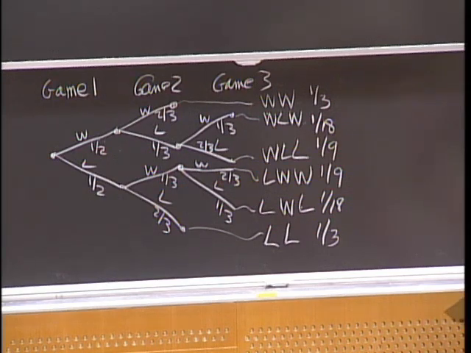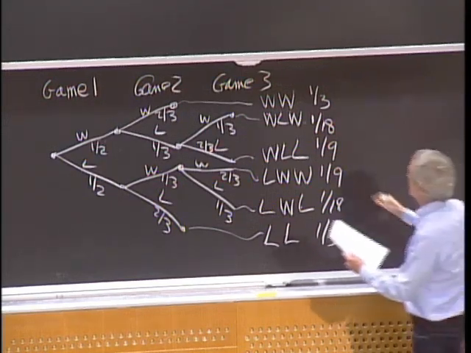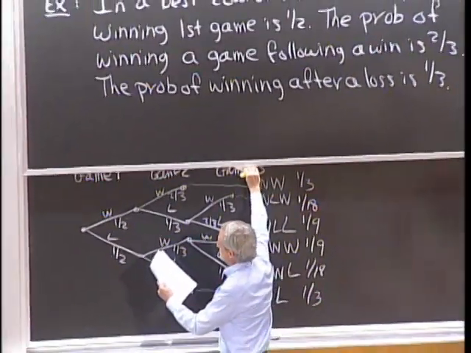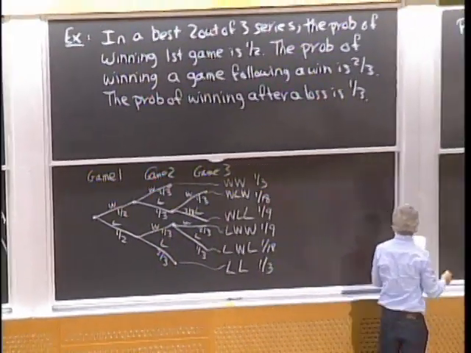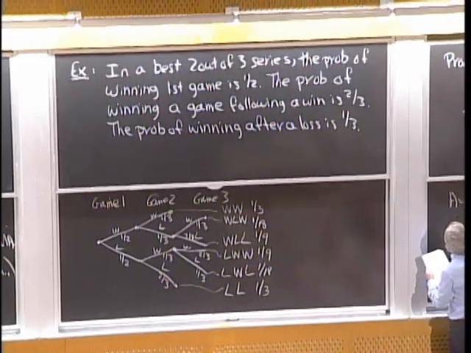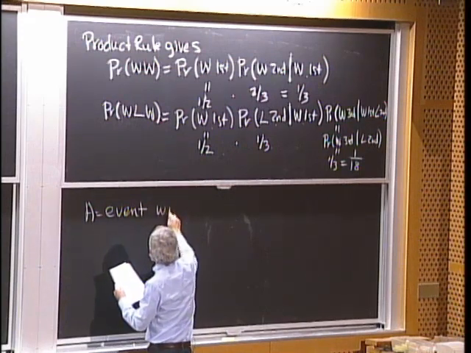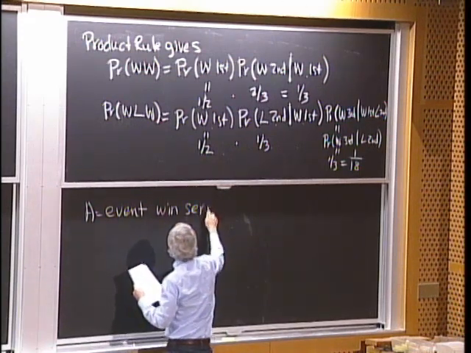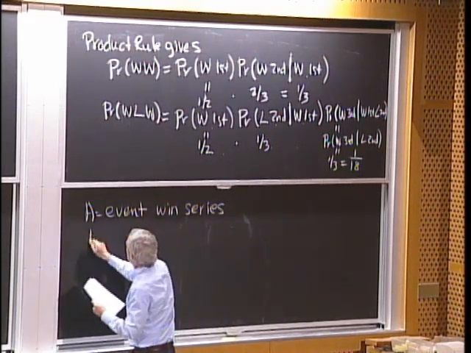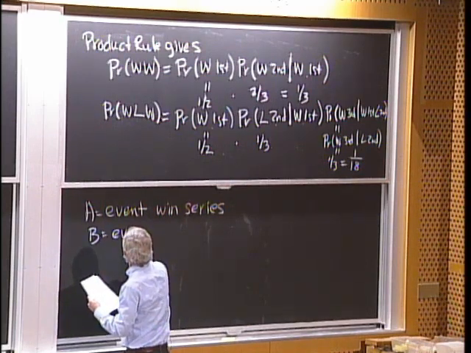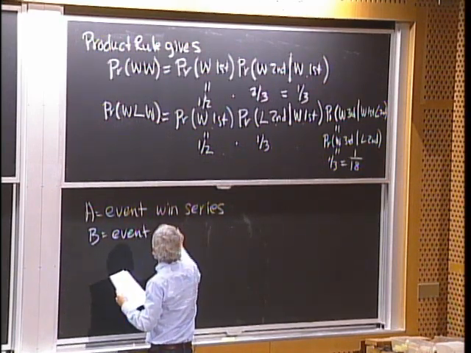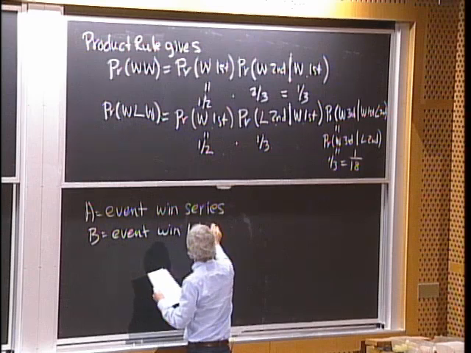Now, to compute the probability of winning the series, given that we won the first game, let's define the events here. So A will be the event that we win the series. B will be the event that we win the first game.